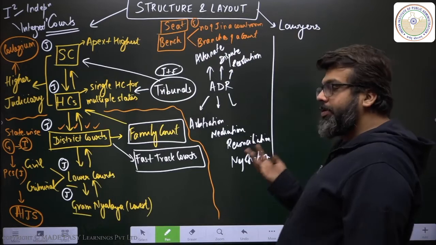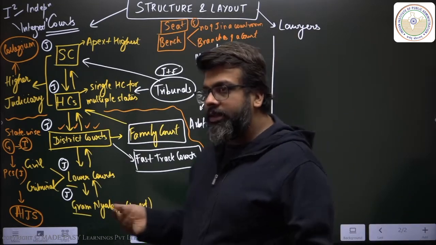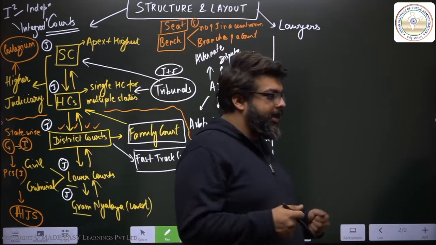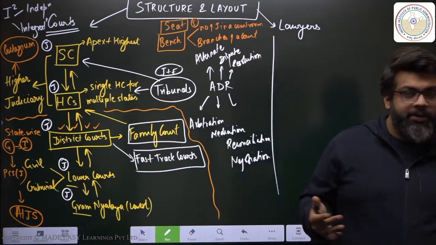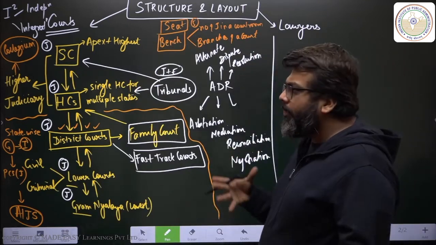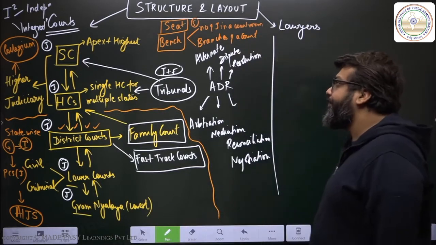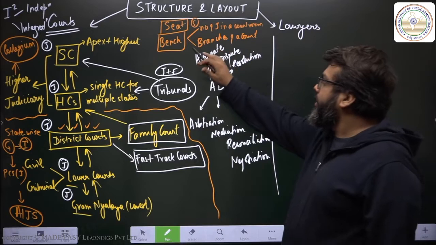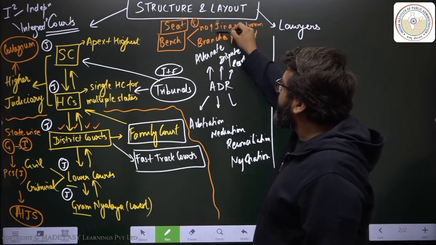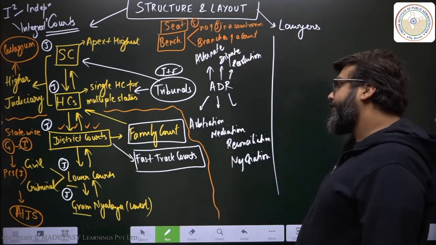So the main high court is in Allahabad, and the secondary high court is actually in Lucknow for greater acceptance and processing of cases. Okay, so this is how your seat and benches work.